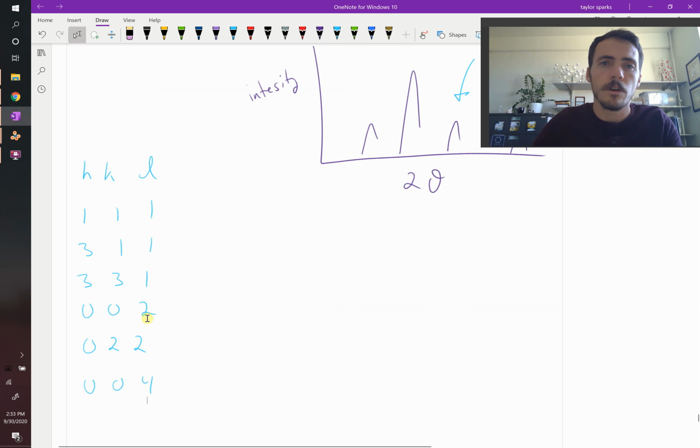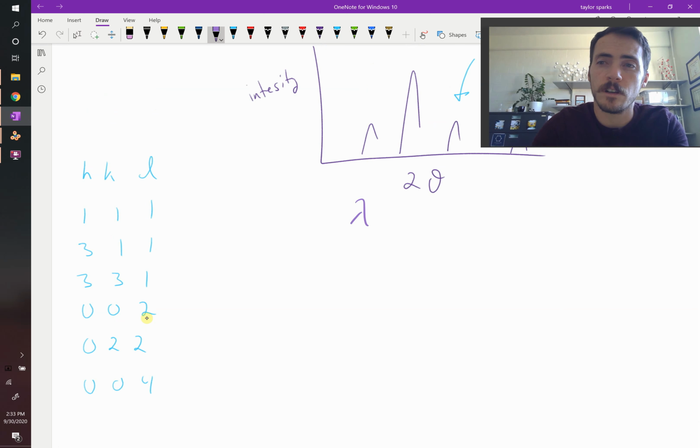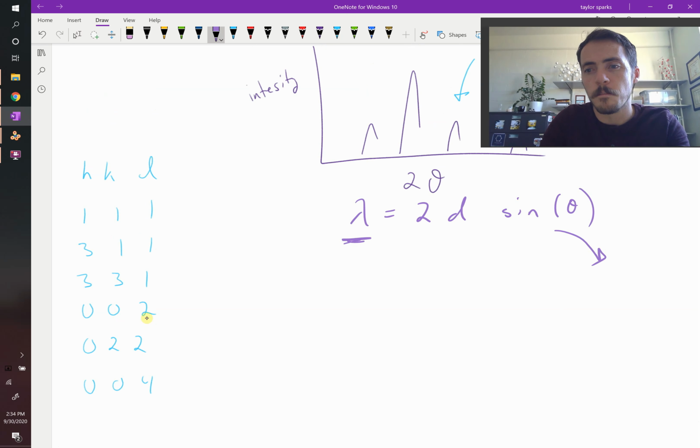Now, what else do we know? We know that lambda, a constant, equals 2 times d multiplied by the sine of theta. Therefore, since this is a constant, if we want theta to be the smallest values possible, we want d to be the largest values possible. Okay? So, how do we know what that will be?